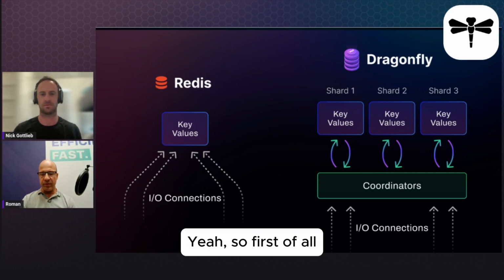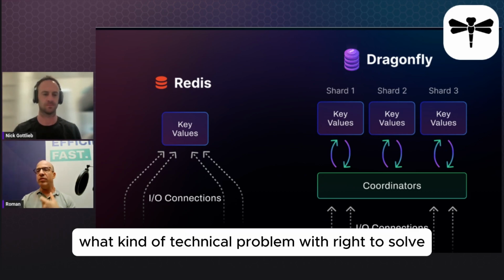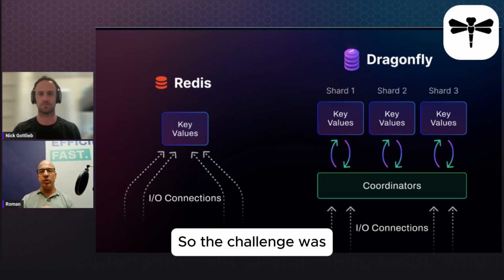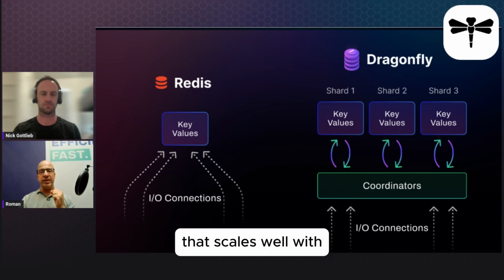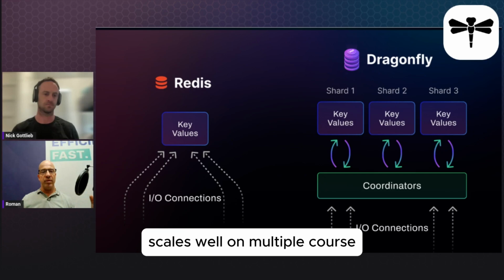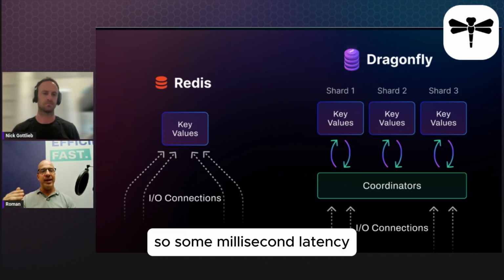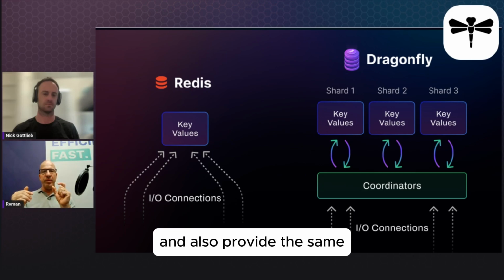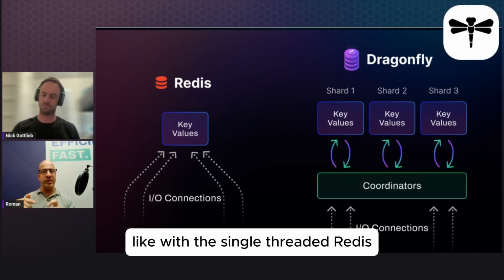Yeah. So first of all, you need to understand the complexity involved, or what kind of technical problem we tried to solve. The challenge was how to introduce a multi-threaded architecture that scales well to very high throughput, scales well on multiple cores, and still preserves very low latency, so sub-millisecond latency, and also provides the same consistency and atomicity guarantees as with single-threaded Redis.